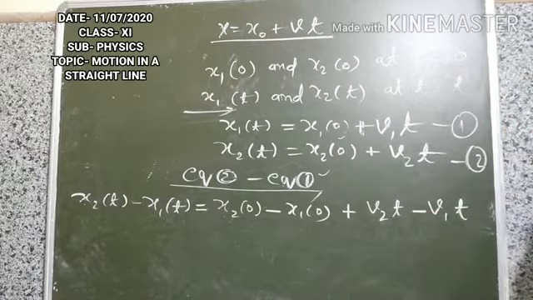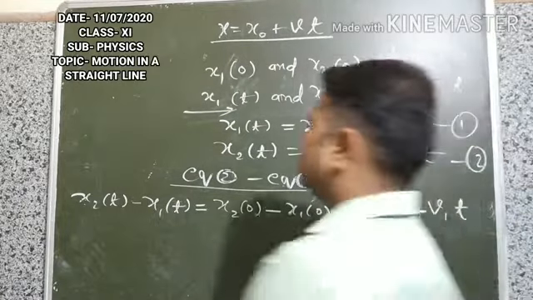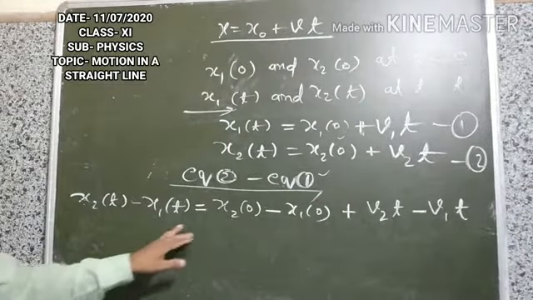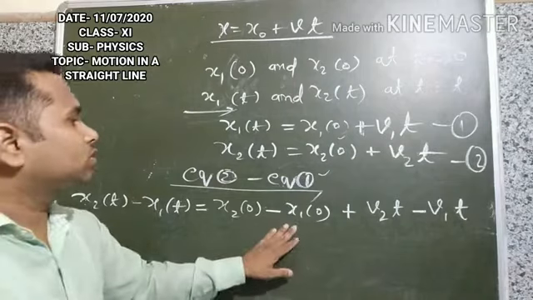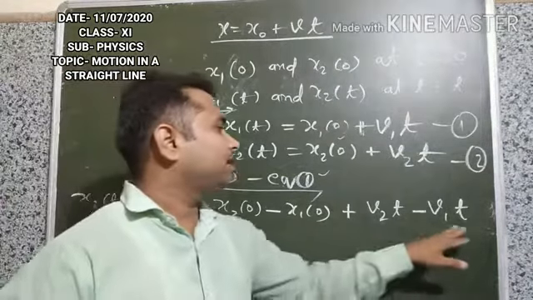So subtracting equation 1 from 2, x2t minus x1t equals x20 minus x10 plus v2t minus v1t.